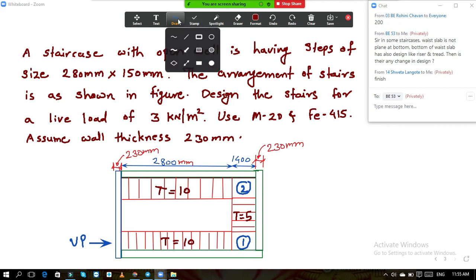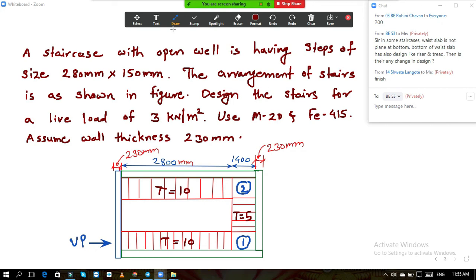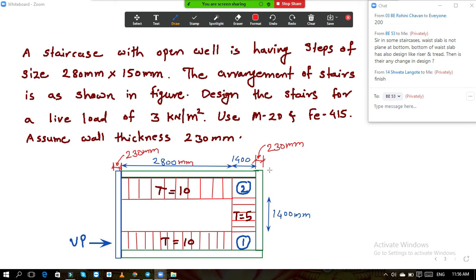And now on this side, if we consider the dimensions, then this is 1400, from this point to this point the going length of the tread, again this is 1400 mm. Again the next thing is this distance, this much distance up to this point over here.